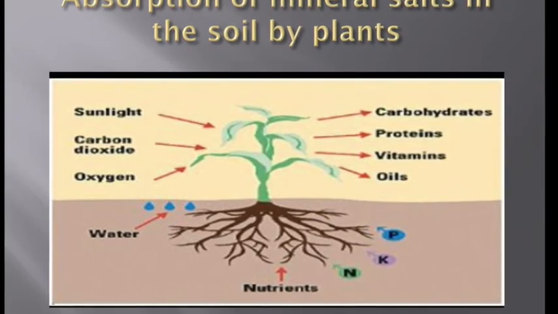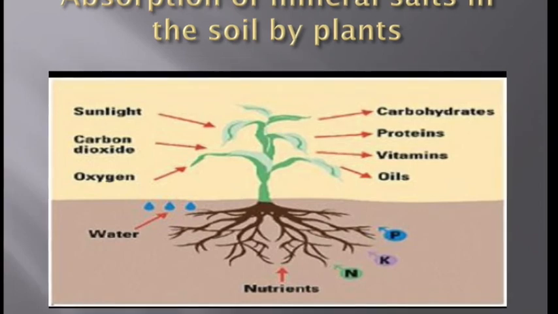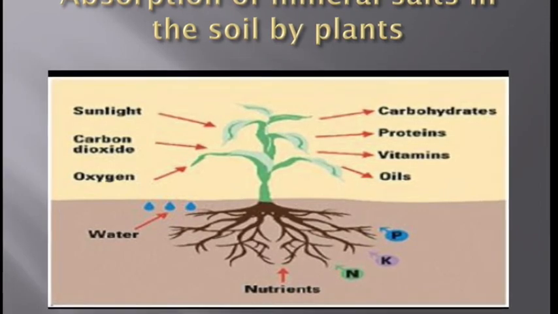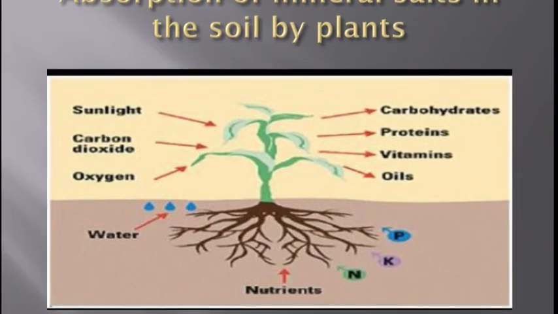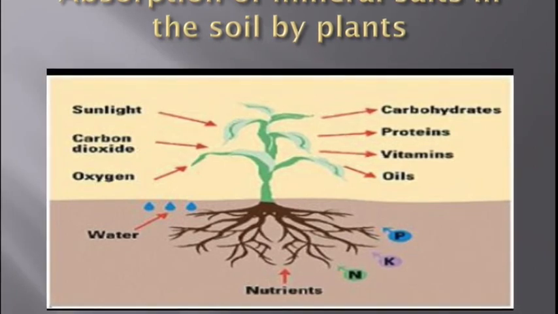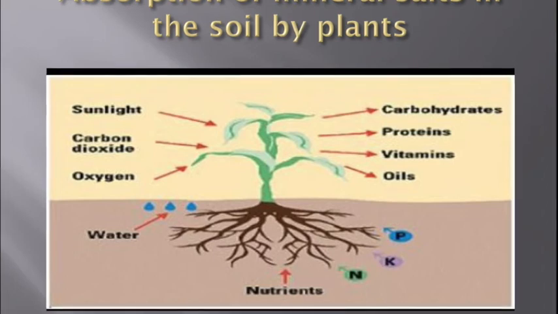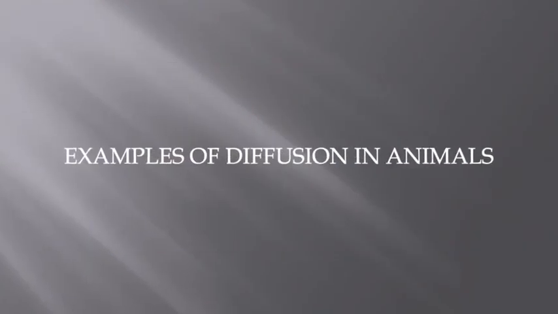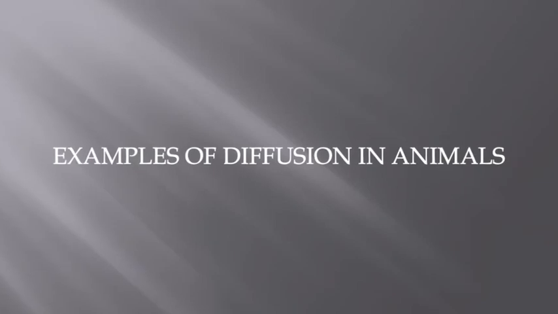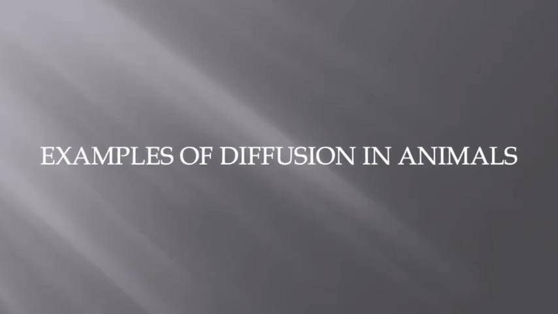So, by the process of diffusion, mineral salts that are necessary for the growth of plants are absorbed into the plants to enable them grow.